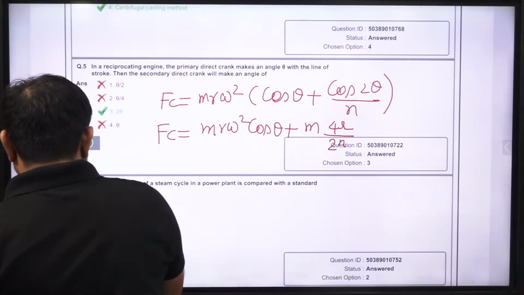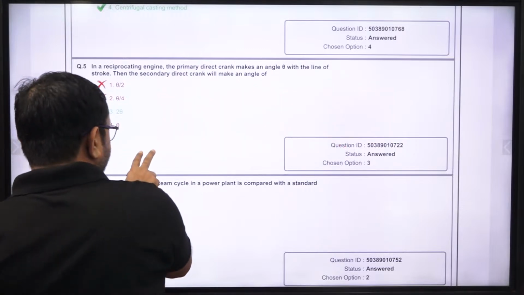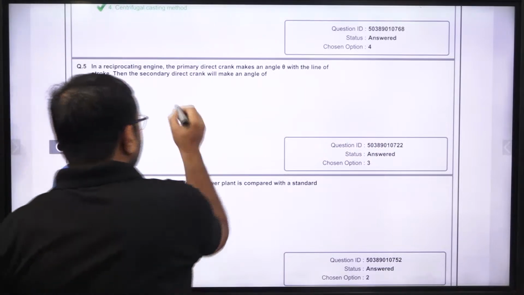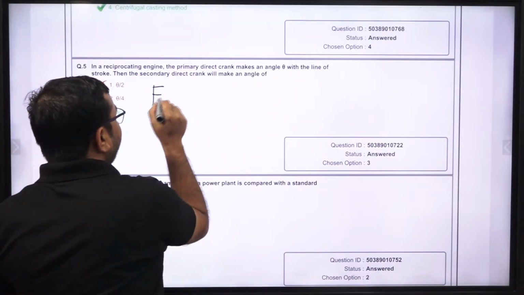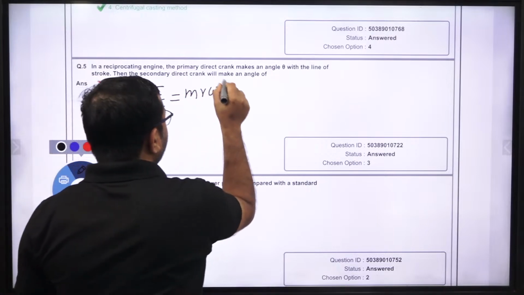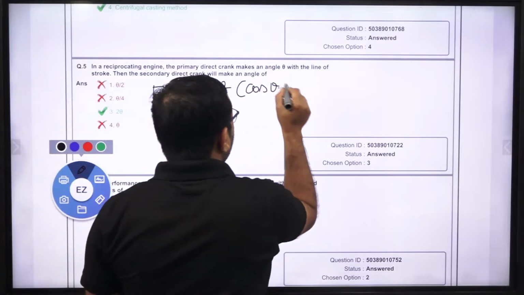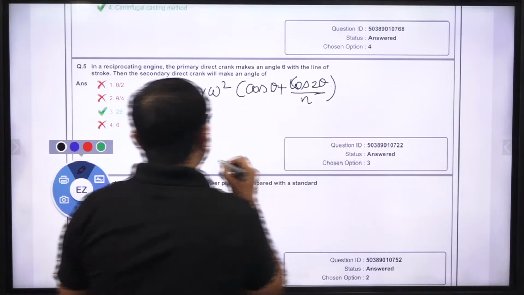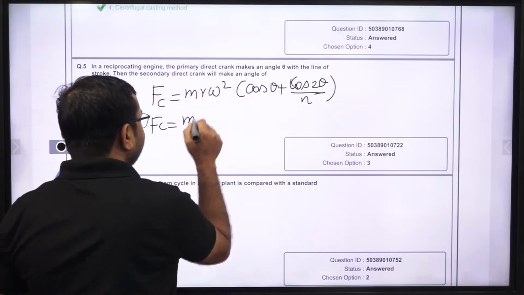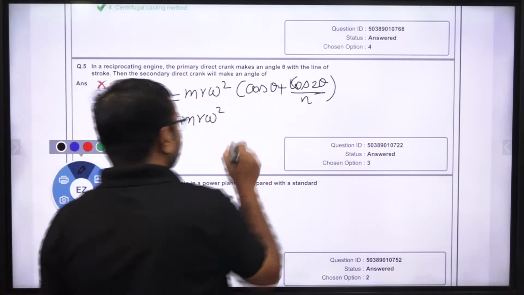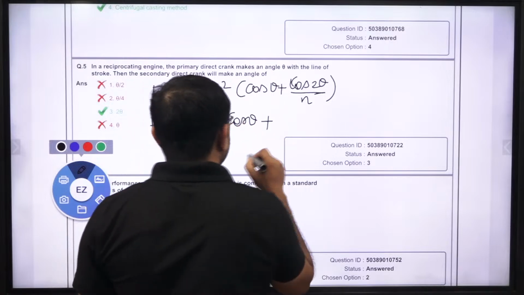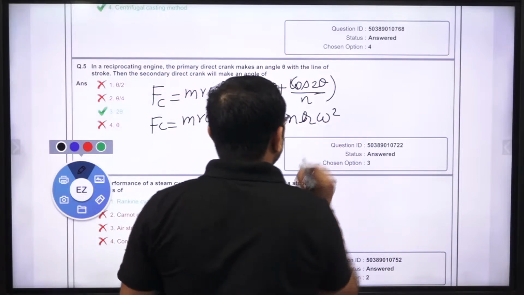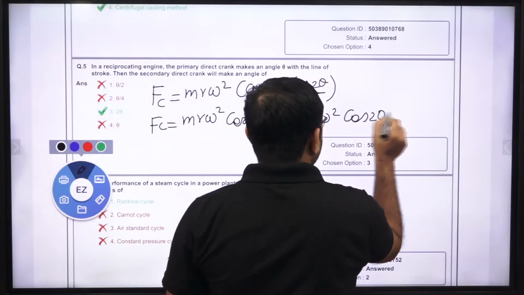Once again, the centrifugal force is nothing but Fc equals m r omega square cos theta plus cos 2 theta by n. Yes or no? Can I write like this? And similarly, if you break this, then we get m r omega square cos theta, plus m r omega square cos 2 theta by n.